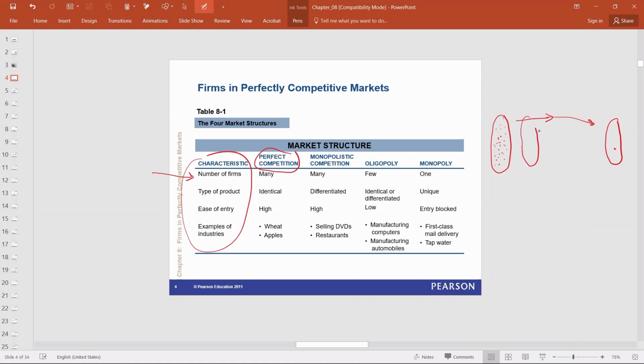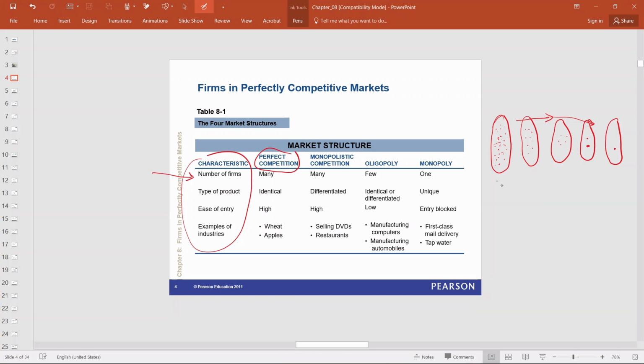So in this market, we have a smaller number of sellers compared to the first one, and then we have a much smaller number, or a few sellers, and we could also have a market with only two sellers, and then we reach one seller, which will be considered a monopoly.